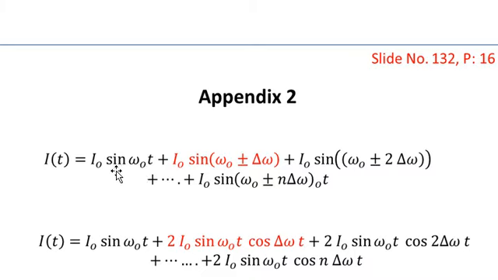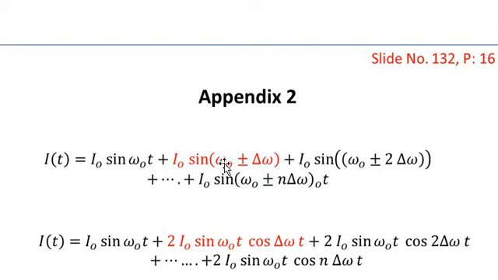So this is the intensity I naught sine of omega naught t, the intensity of the central mode. This is I naught sine of omega naught plus minus delta omega, and of course t should also be present over here, which I think I have missed. So t is also present.